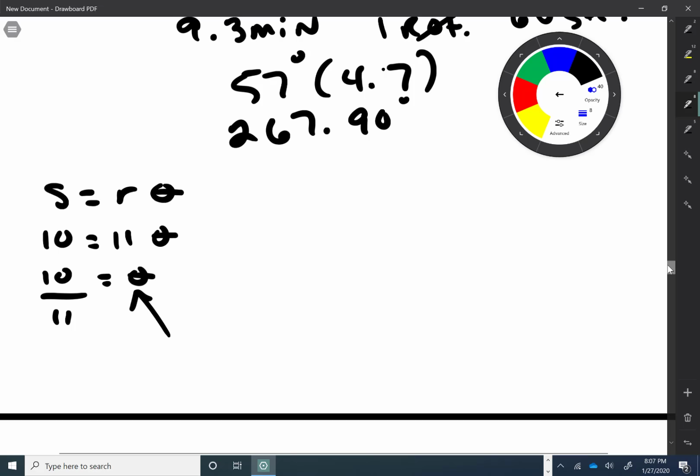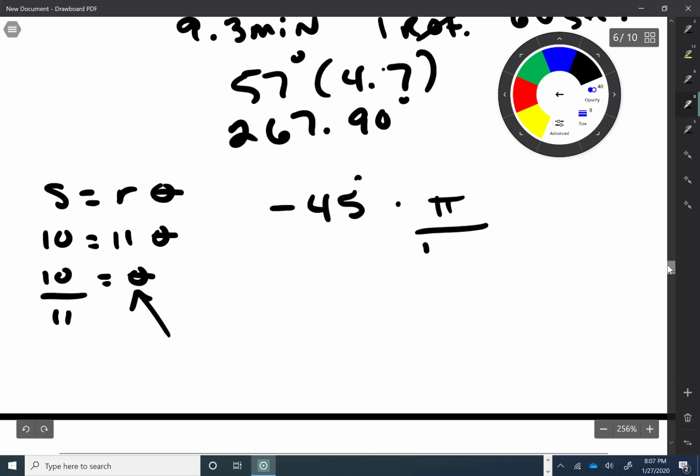Number 8 says to change negative 45 degrees to radians. In order to change degrees to radians, you multiply by pi over 180. So when I do my math, I get negative pi over 4. Number 9, same thing, only it's degrees to radians.